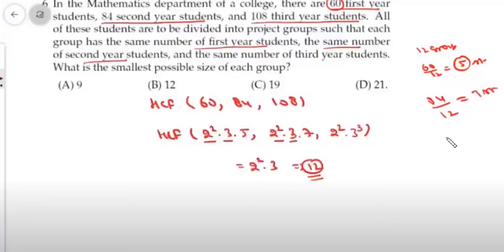And then finally, for third year students, it will be 108 divided by 12, which is simply 9 students. So that means in each group, there will be 5 students from first year, 7 from second year, and 9 from third year. So if we add them, the smallest possible size for each group will be 21, and that's your option number D.